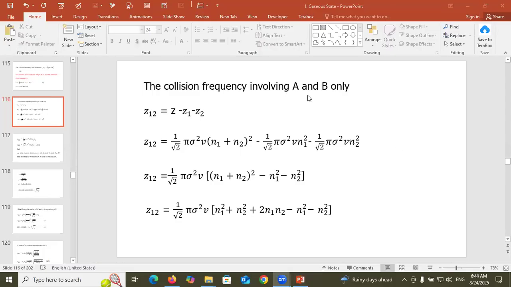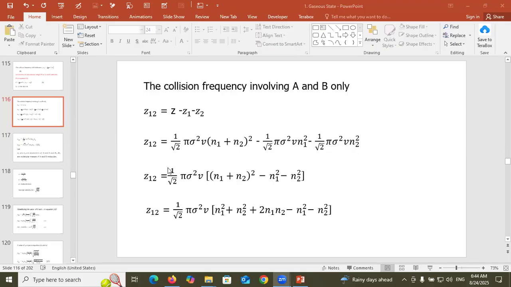The collision frequency involving A and B only: Z12 equals Z minus Z1 minus Z2. Z12 equals 1 over root 2 pi sigma squared v (n1 plus n2) squared minus 1 over root 2 pi sigma squared v n1 squared minus 1 over root 2 pi sigma squared v n2 squared.